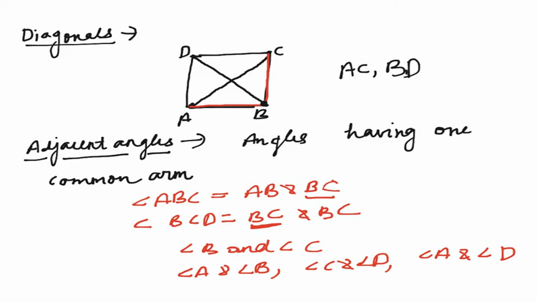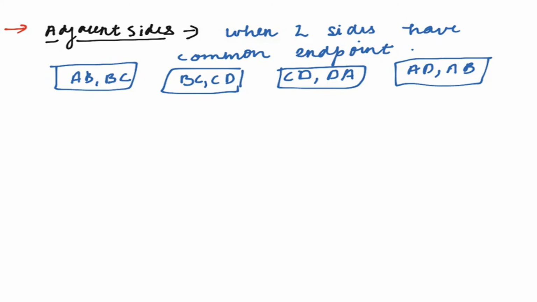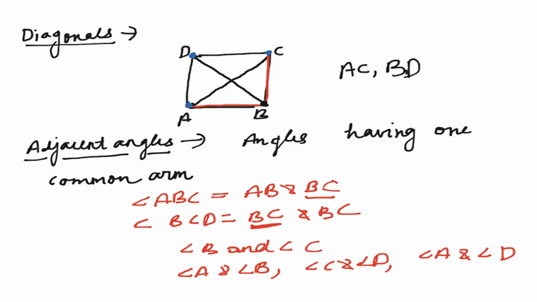Other pairs of adjacent sides here are AB and AD because they share a common point A. Similarly, AD and DC because they share a common endpoint D. DC and BC are adjacent sides because they have endpoint C in common. So all these are pairs of adjacent sides in the given quadrilateral ABCD.